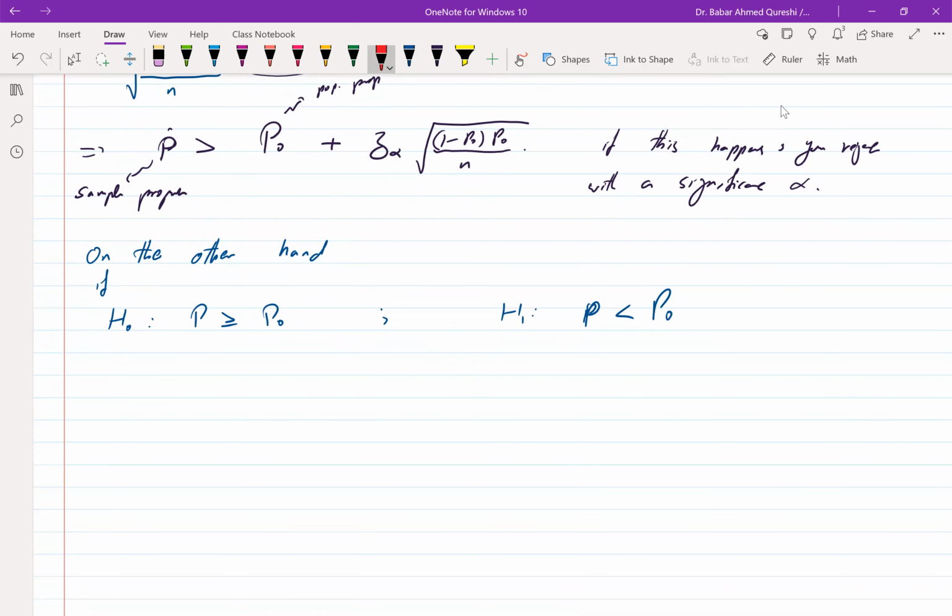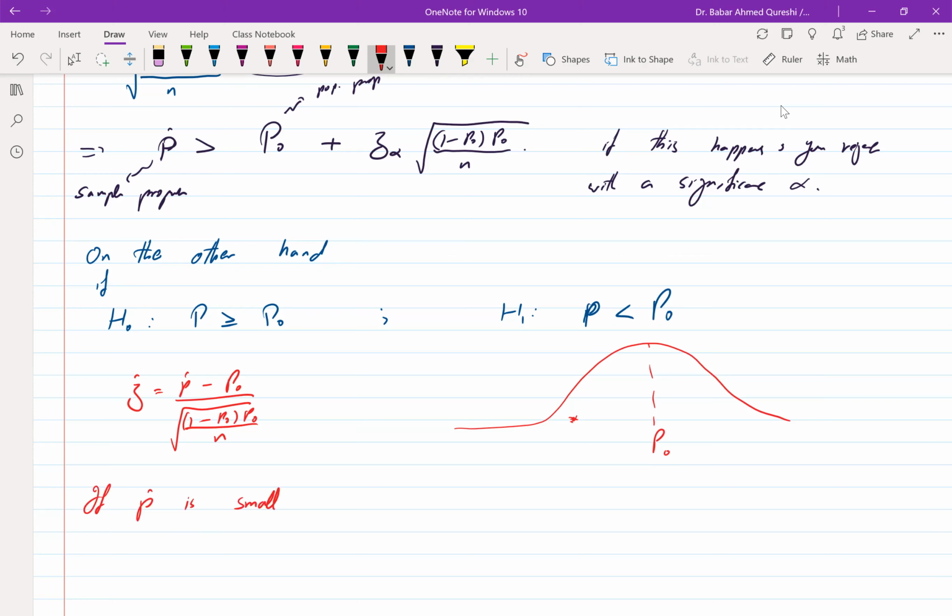So again, if I think in terms of the standard normal, P hat would be centered around this value P naught, and I will tend to reject if I see a much smaller value of P hat.